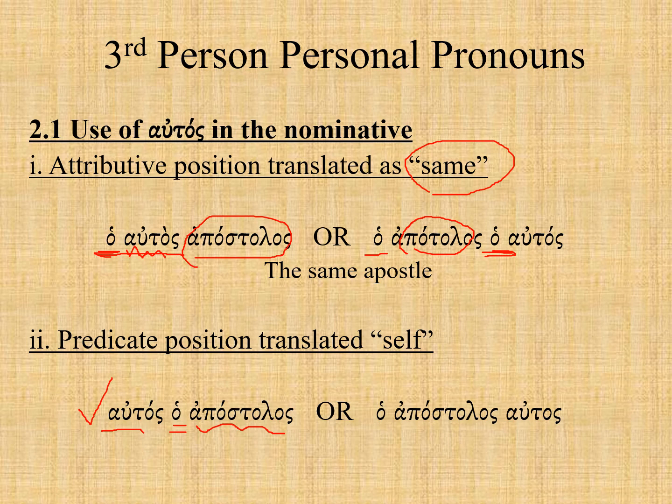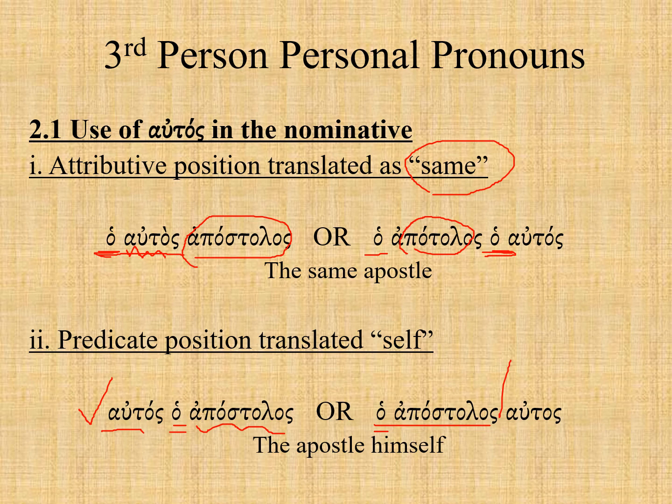And the same applies here, even though the word order is different. So this we would translate the apostle himself. Now this may look a little bit awkward and strange, so you have to pay close attention to the context and also look at whether autos is used in attributive position or in predicate position.